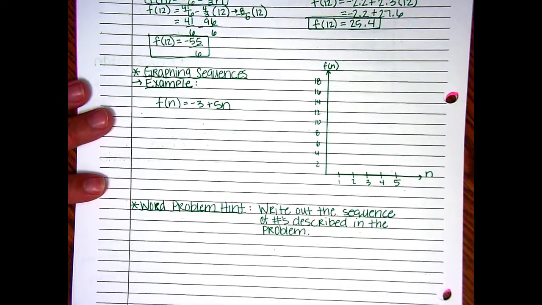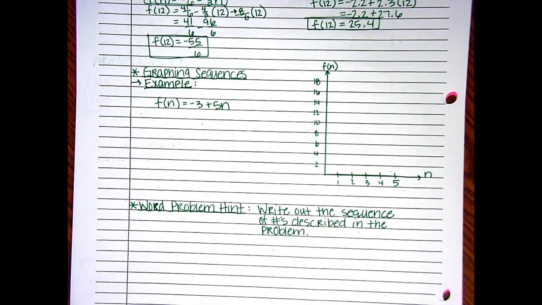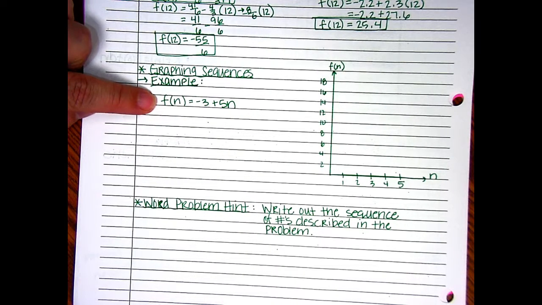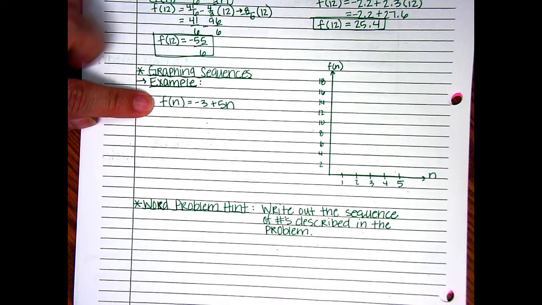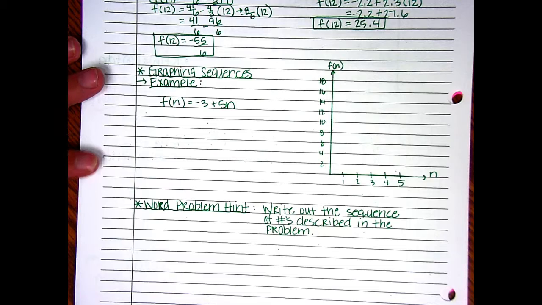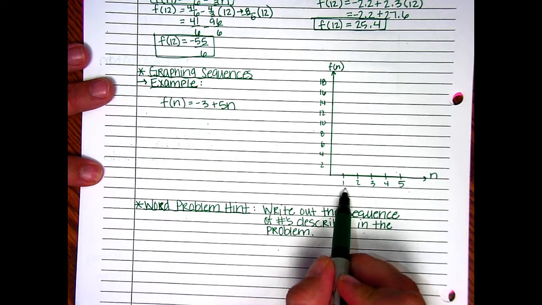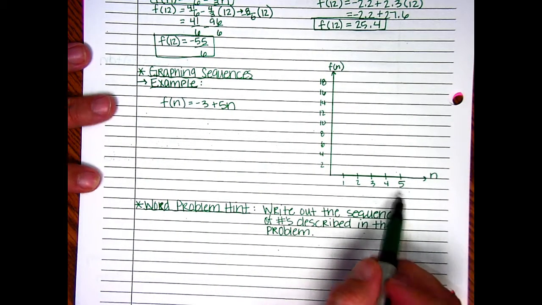Okay, you'll also need to graph sequences. They've given us a sequence of f of n equals negative 3 plus 5n. You're going to go ahead and just substitute numbers in. Keep them small, and I would keep them positive also in this case.